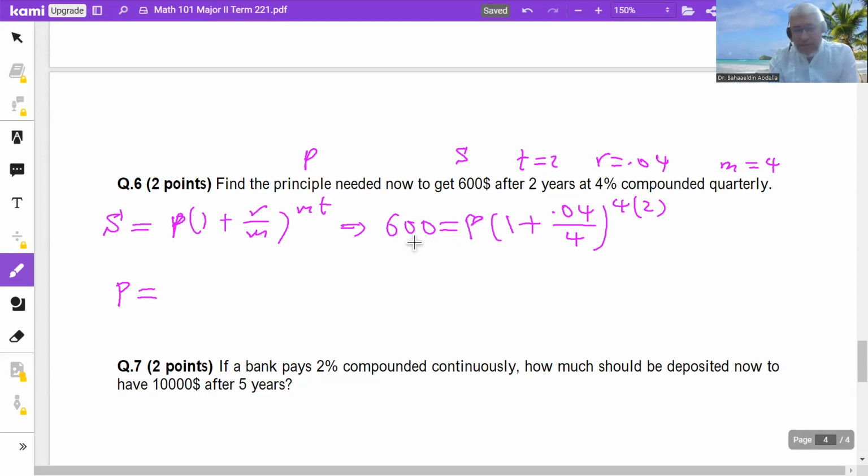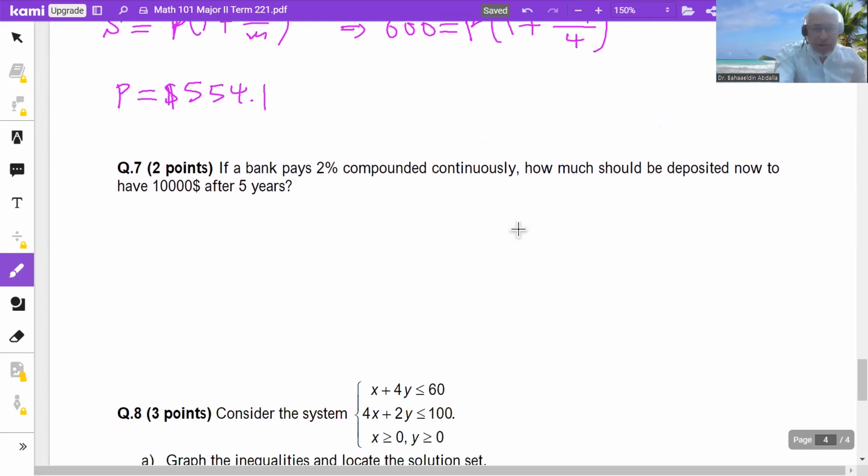Divide 600 by this number, all of this number. Evaluate this and then divide 600 by the answer. And the correct answer in this case will be 554.1 if you want to put dollars here. So this is the principal needed now to get 600 after 2 years under these conditions.